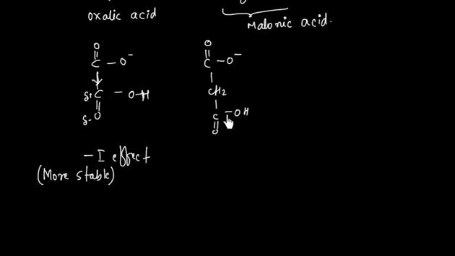But in this case, this will also pull the electron, but the inductive effect is a distance dependent effect. So we have one CH2 group in the middle. This CH2 group will decrease the minus I effect.